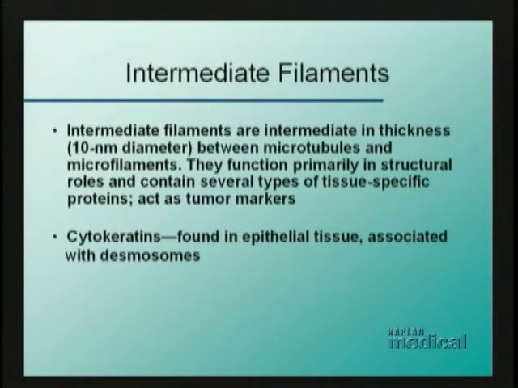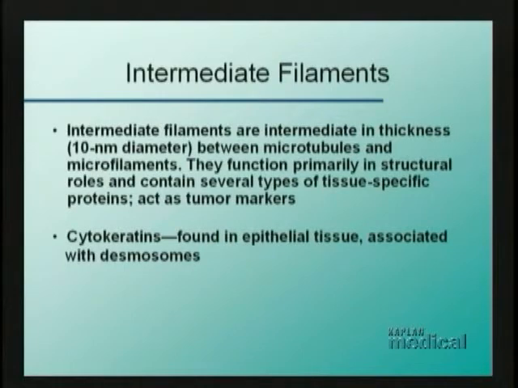Intermediate filaments, as we said, are intermediate in size between microtubules and microfilaments, and these consist of tissue-specific proteins that when their number increases, they may indicate the presence of a tumor-specific kind of marker indicating a specific tumor that's relative to a particular tissue.